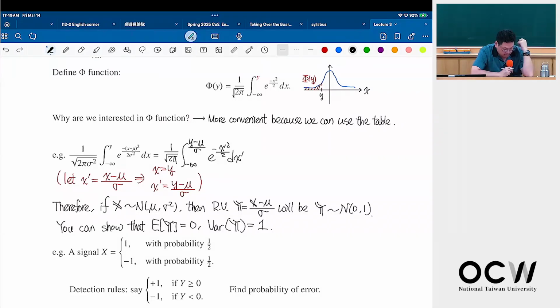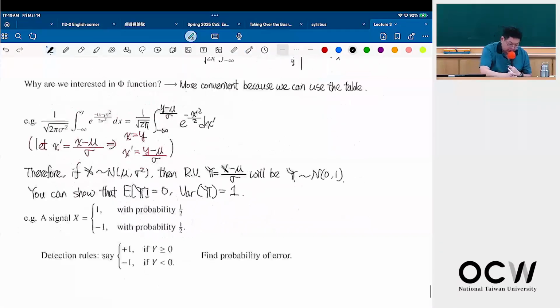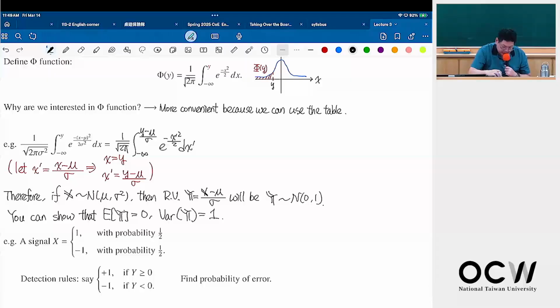Let's just see this example and then we can finish today's lecture. I have a signal. I either send 1 or minus 1, and the probabilities are both the same, 1/2. Let me plot this.